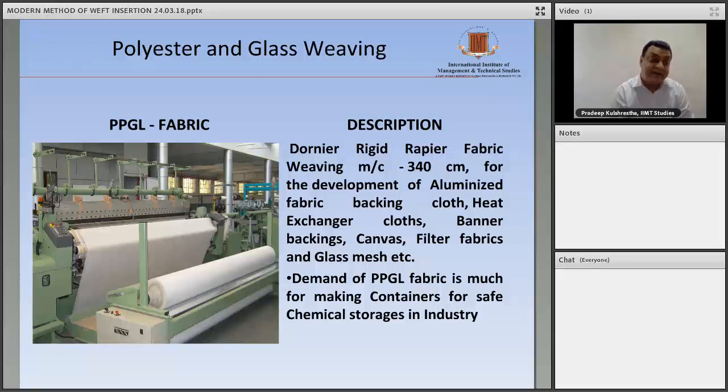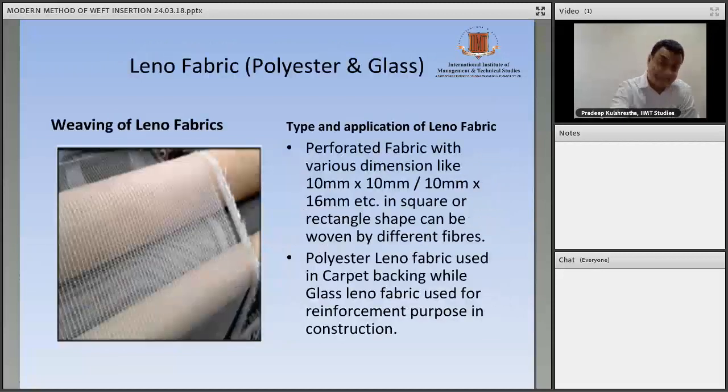Consequently the fabric is woven, and if we give it heating at 100 degree centigrade temperature on a calender roller, polypropylene will melt but glass will not melt. They will mesh up and this sheet will make containers for storage of hazardous gases, hazardous acids, etc. They are very much in demand in the market and many companies are making it.